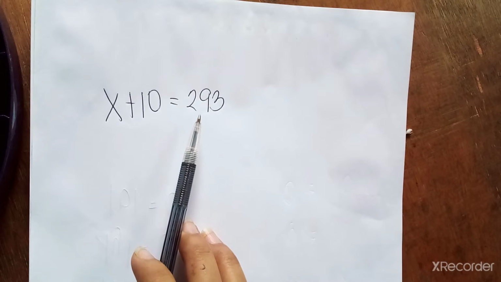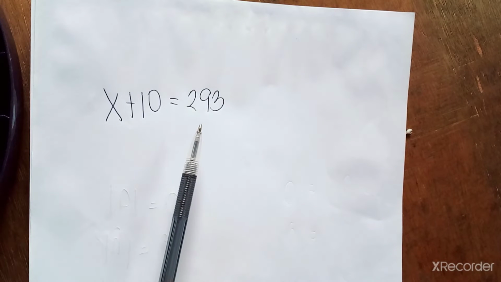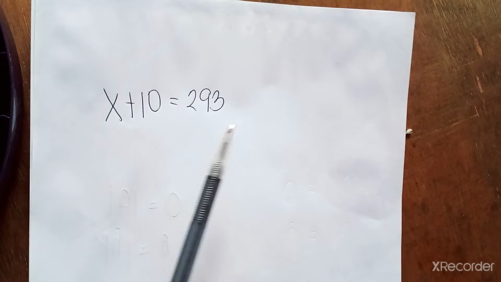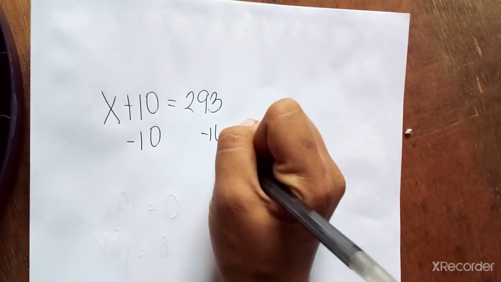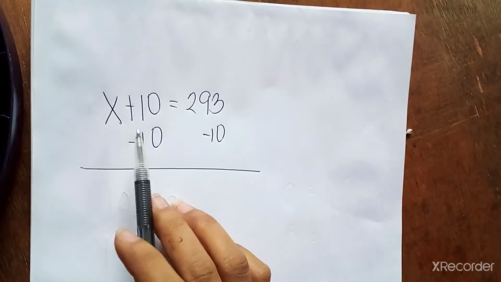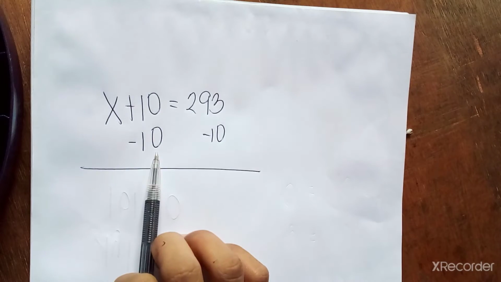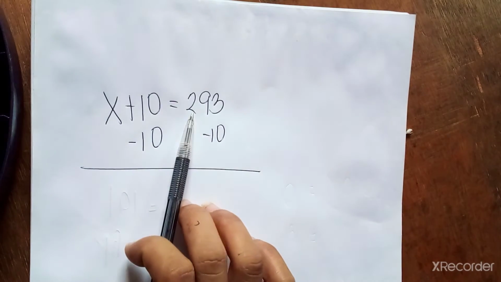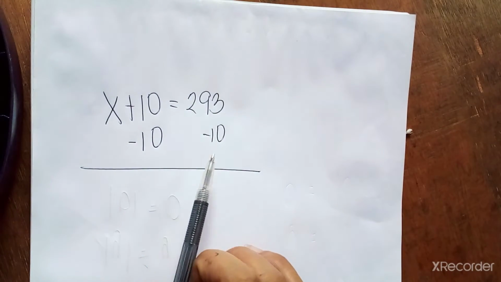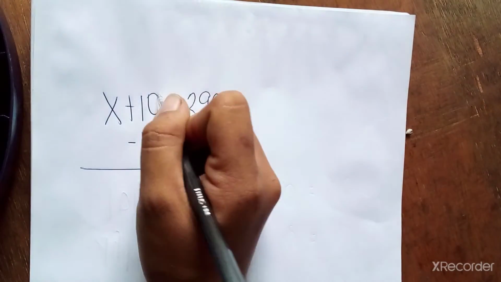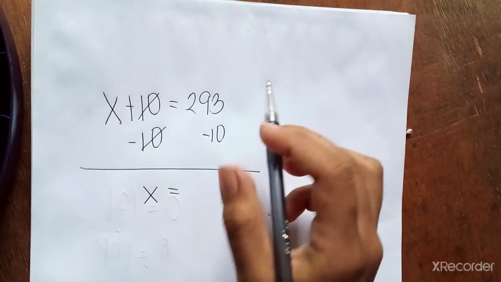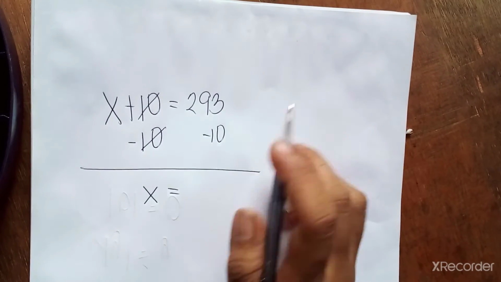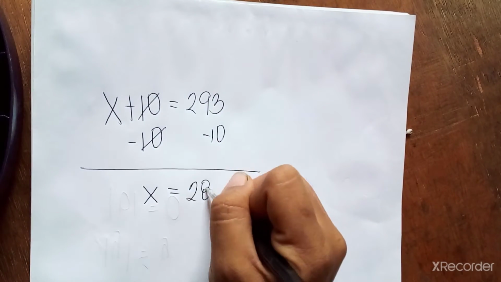To solve this equation, we will use the additive inverse by subtracting 10 from both sides. So we have minus 10, minus 10. So we have x plus 10 minus 10 equals 293 minus 10. Cancel this one. We have x equals 293 minus 10, which is 283.